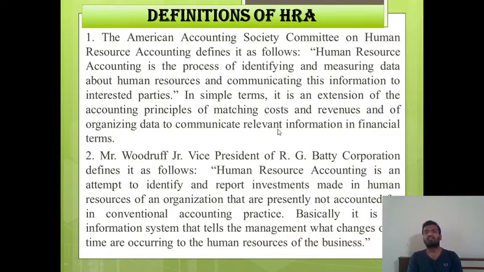It defines it as follows: human resource accounting is the process of identifying and measuring data about human resources and communicating this information to interested parties. What does human resource accounting do according to the American Accounting Society Committee? The process of identifying and measuring data about human resources and communicating this information to interested parties.